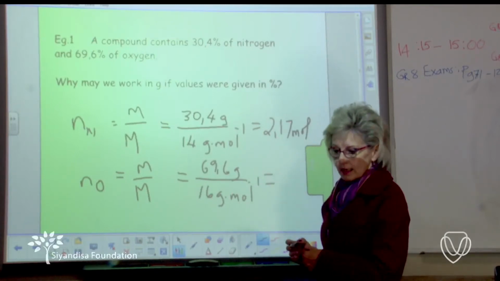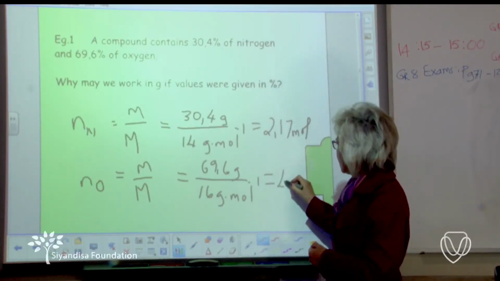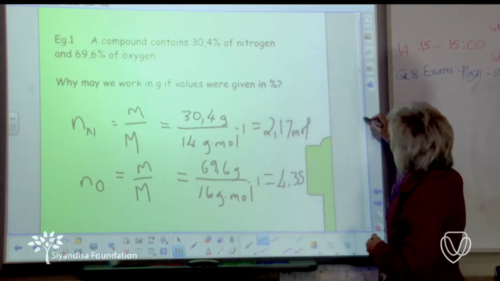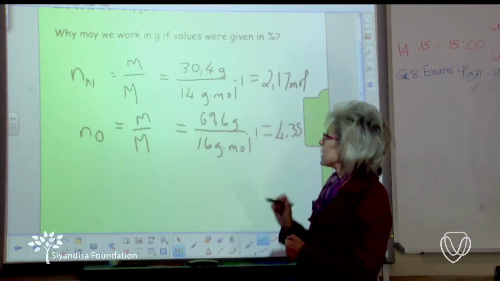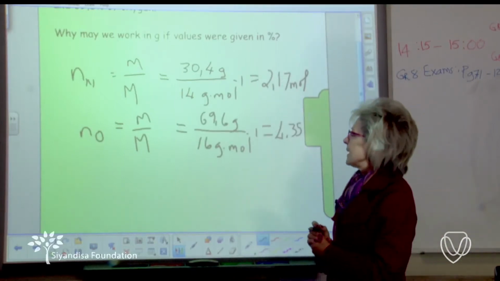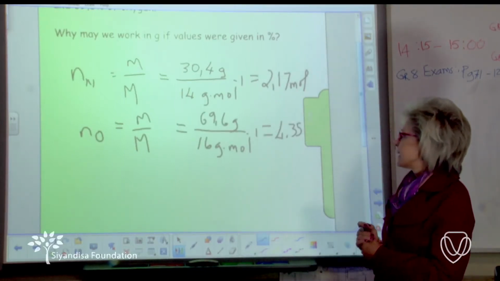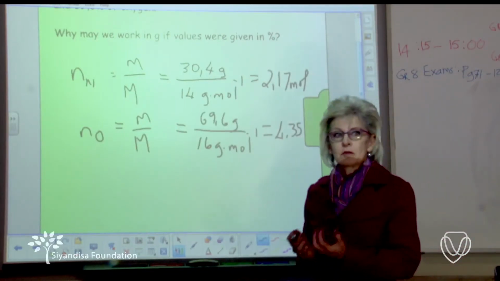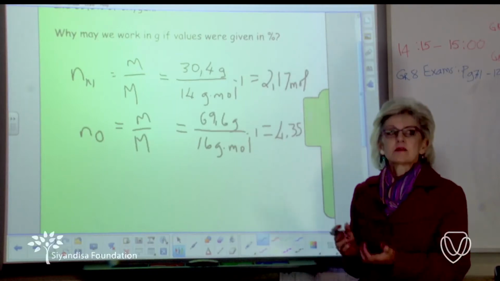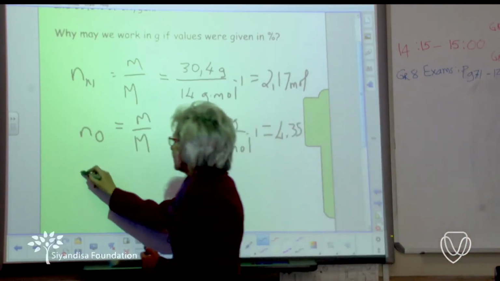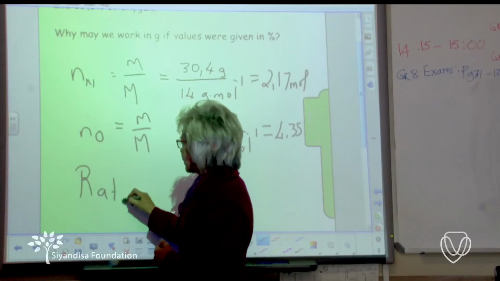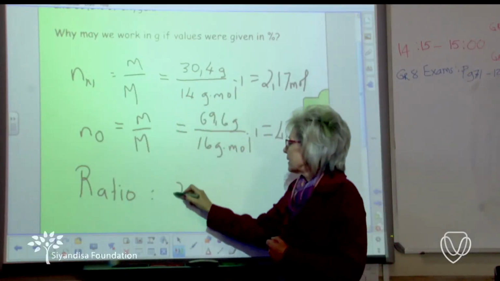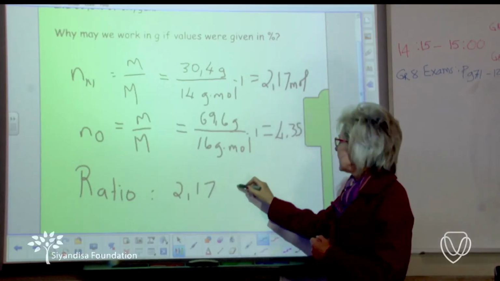And when we then calculate this, we get 4.35, which would mean if you wanted to write the formula from this, you will have a formula that says N 2.17, O 4.35. And we all know that in any formula, the mole ratios must be whole numbers. So we are then dealing with a ratio, and the purpose here is to ensure that each of these values will end up being a whole number.